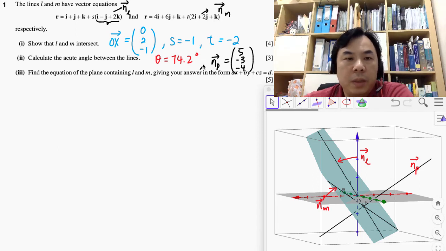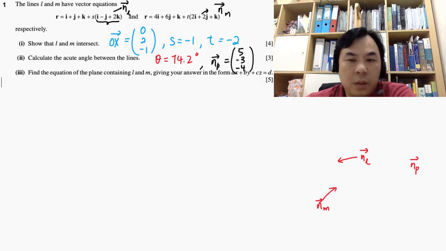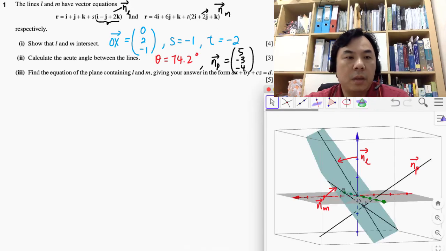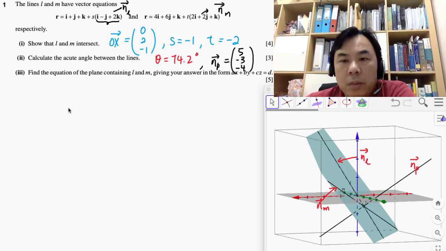By making use of this vector equation for a plane, for any plane equation in three-dimensional vectors, we can use this as a formula to represent the plane. Oops, sorry about that, I accidentally closed that.